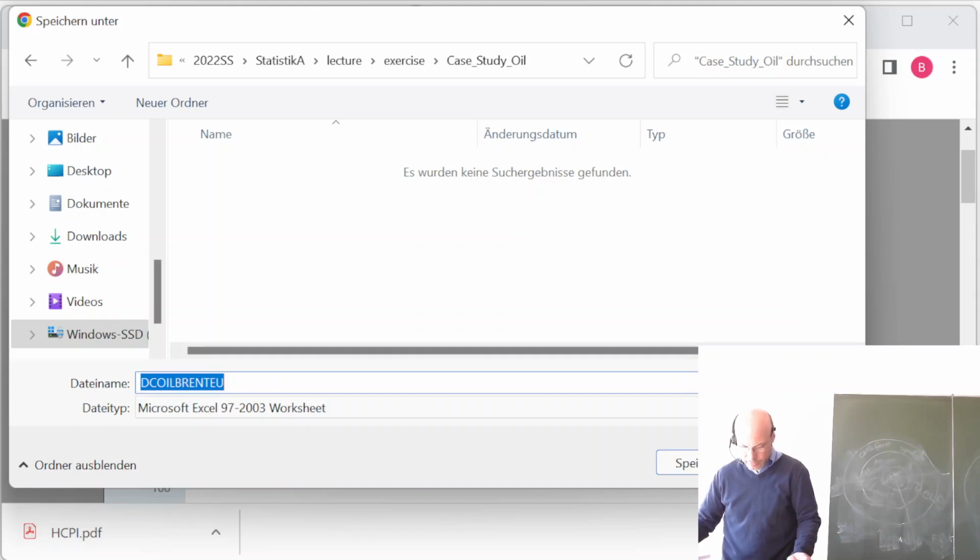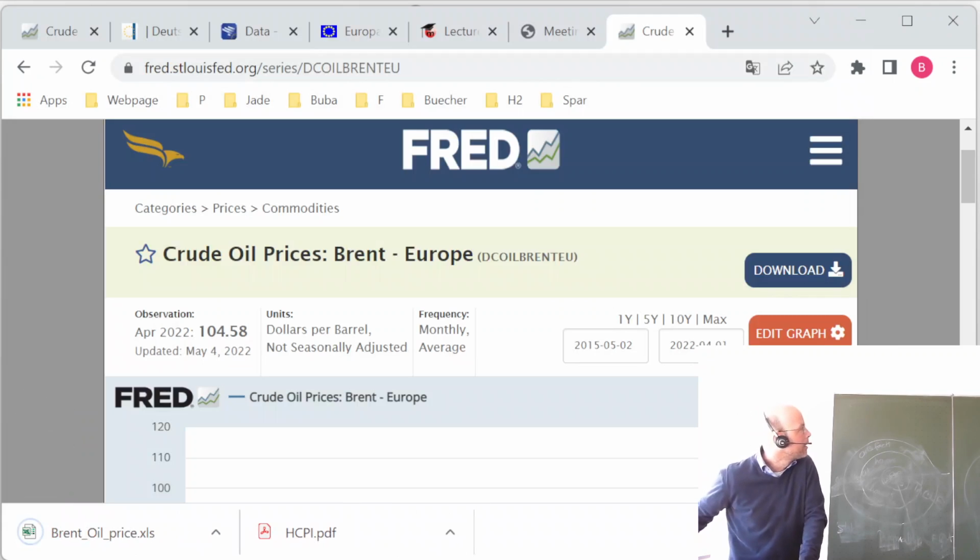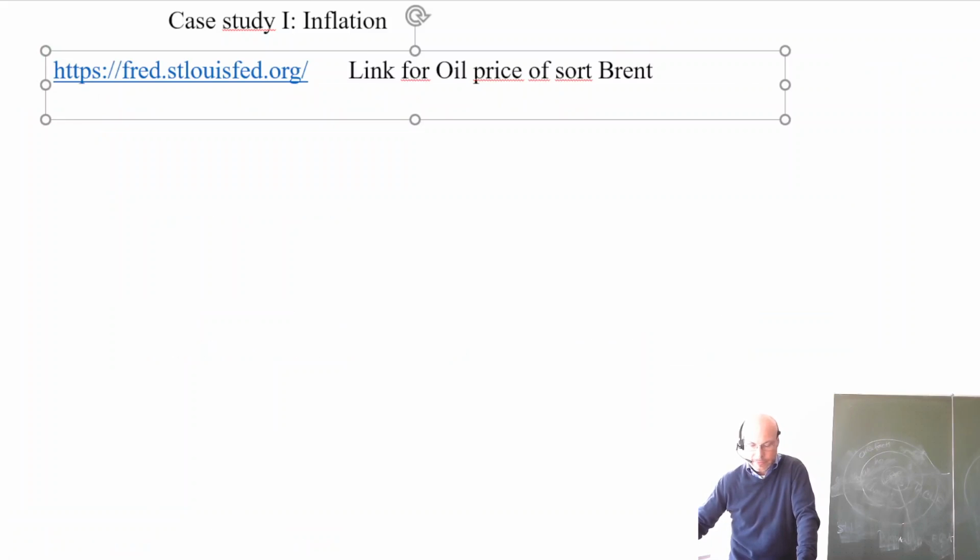Oil, and this is Brent oil price. So, what else do we need? Well, for Germany, of course, the relevance of the oil price, which is feeding into our consumer prices.